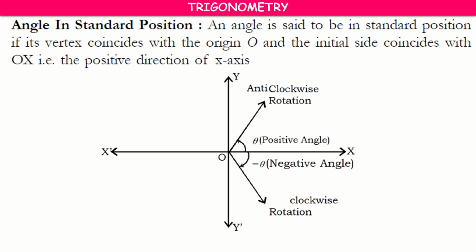Next, here we just now discussed the rotation starts from here because this is the center point. If the rotation is moving in anti-clockwise direction, it is a positive angle.